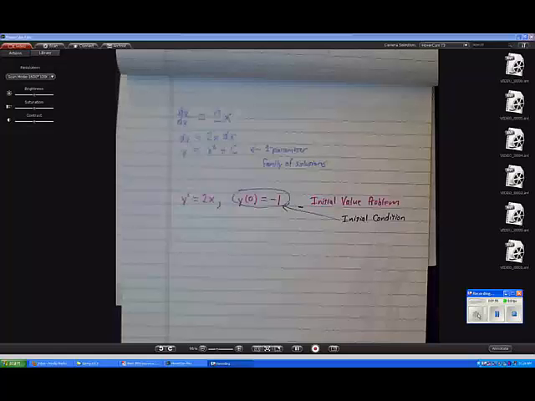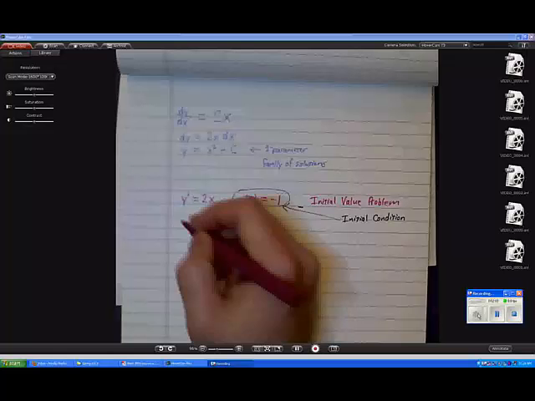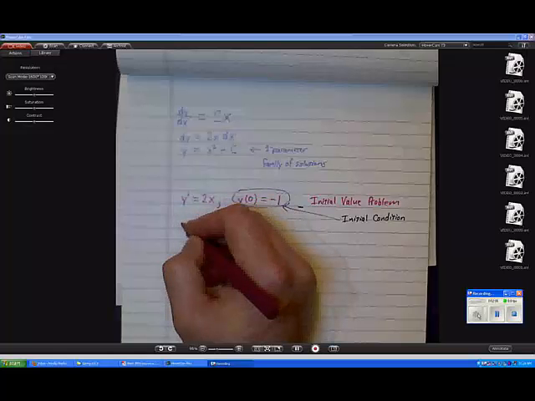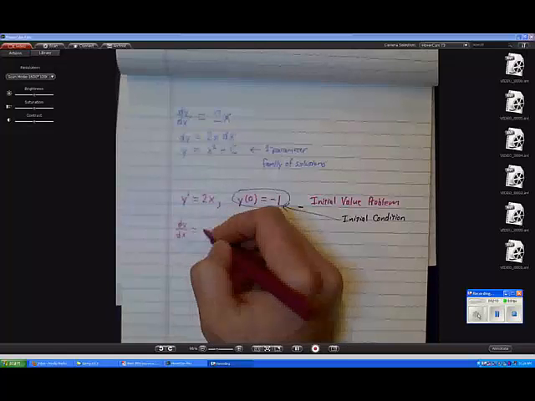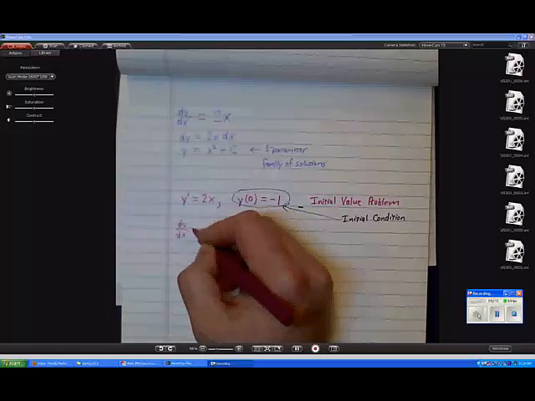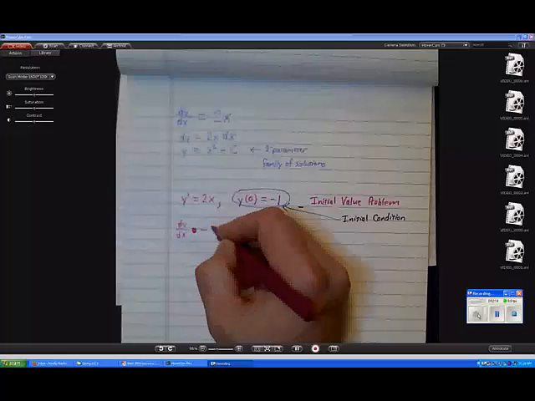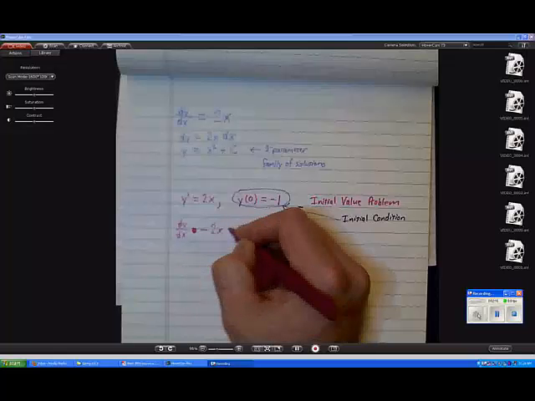And by the way, I may as well show you something that the book does, which I don't want to confuse you because I tend to do things differently. The book would write dy/dx minus 2x equals 0.